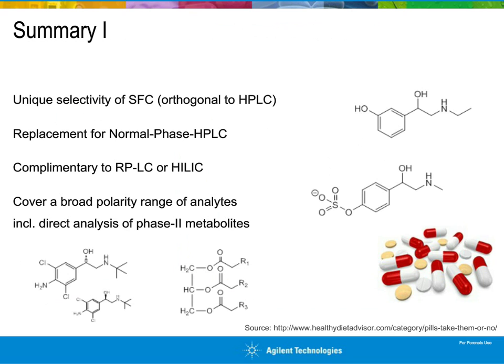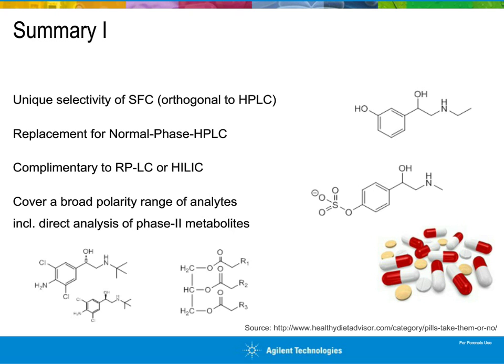I'm moving to the next slide. As a summary, I'd like to mention SFC gives you a unique selectivity. It's orthogonal to HPLC. It can replace normal phase HPLC, which usually works with much longer cycle times, not necessarily the chromatography, but sometimes the optimization of the column for the next injection.